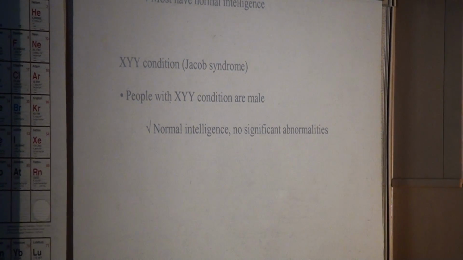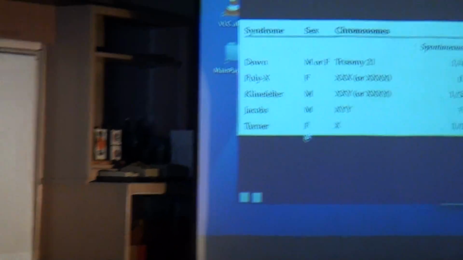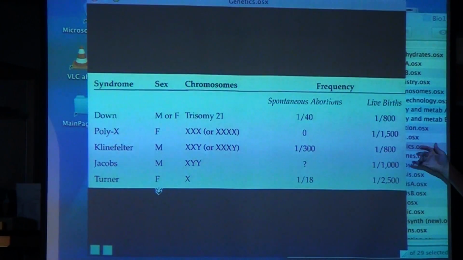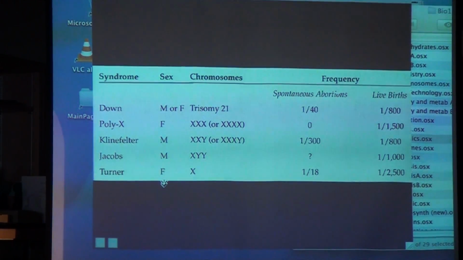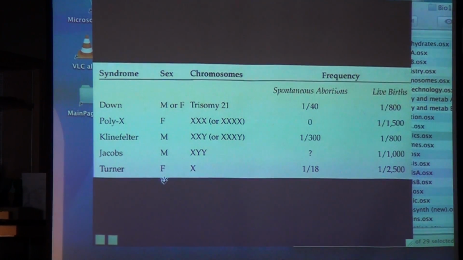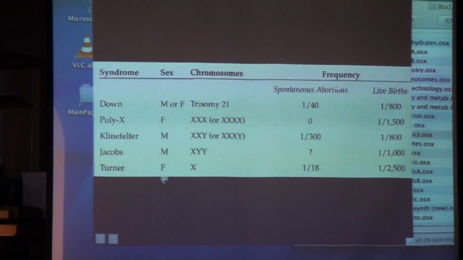You can see here it is XYY, and about 1 in 1,000 births is a boy with Jacobs syndrome. So no real effects whatsoever from having an extra Y chromosome, which makes sense because it's such a tiny chromosome, with hardly any genes on it at all, that you're not really that much out of genetic imbalance by having it.